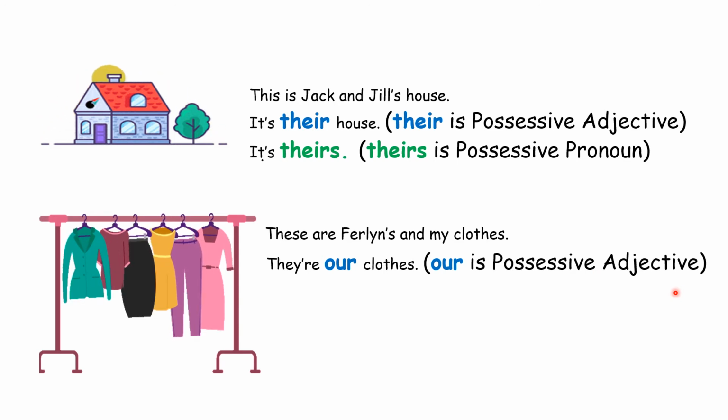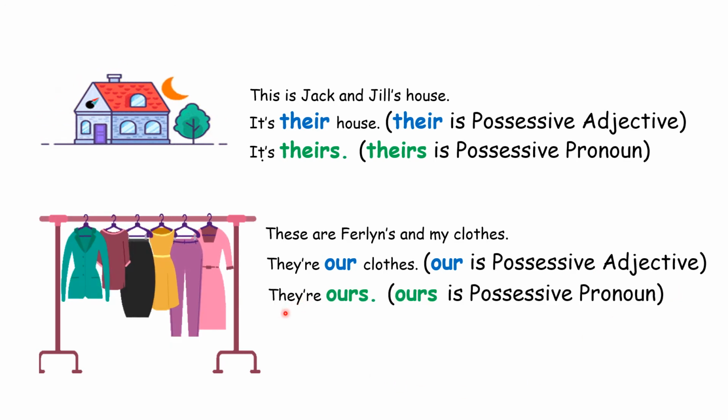Or I can also say, "They're ours." Ours refers to Ferline and myself as a possessive pronoun. Remember, our and ours are used when it involves other people and your own self.